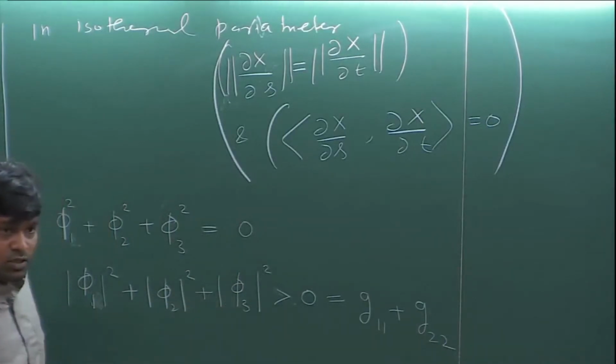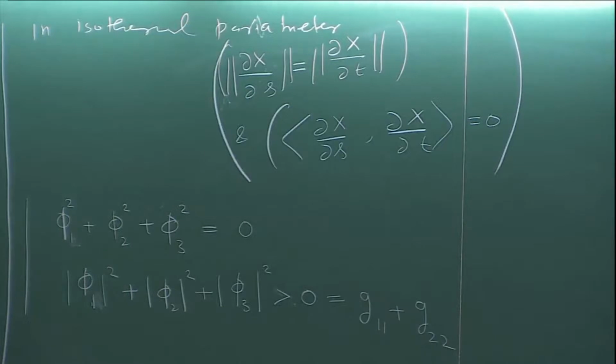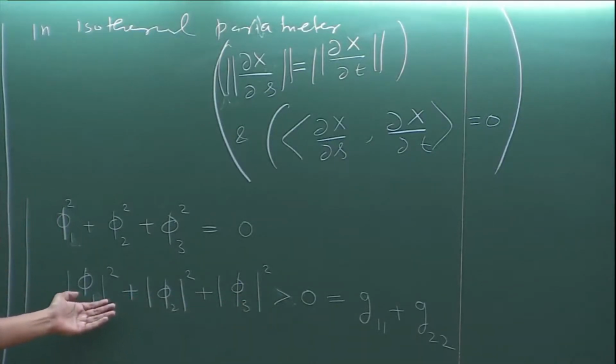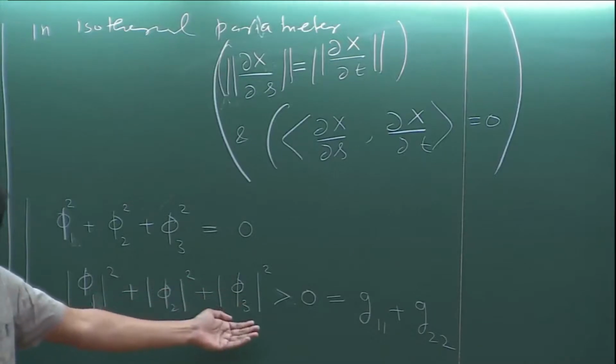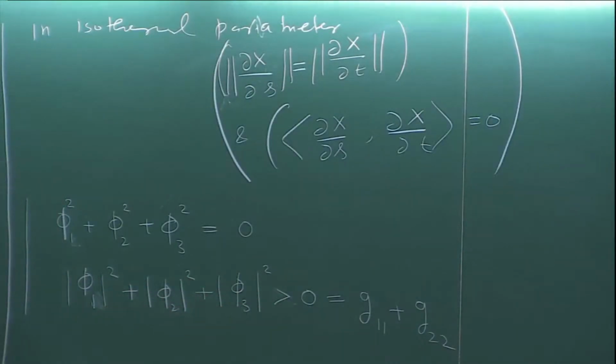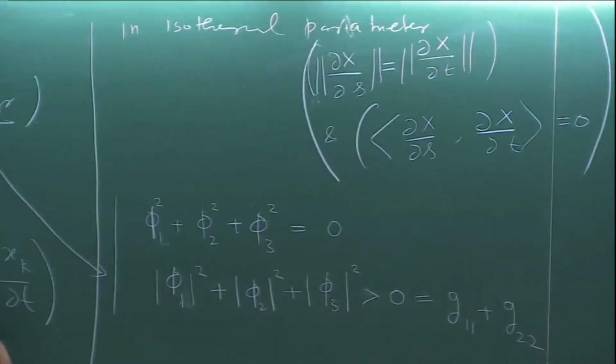So if X is a minimal surface, which we are taking as a regular surface, then this condition, mod phi 1 square plus mod phi 2 square plus mod phi 3 square is greater than 0, is a regularity condition in an isothermal parameter.